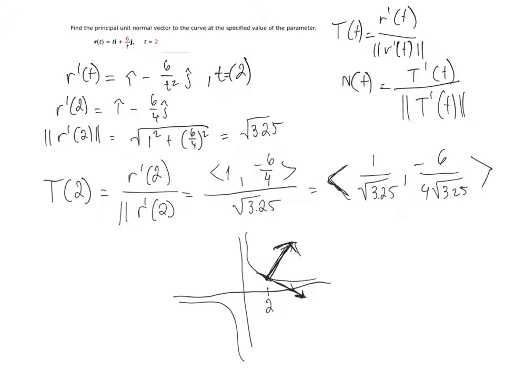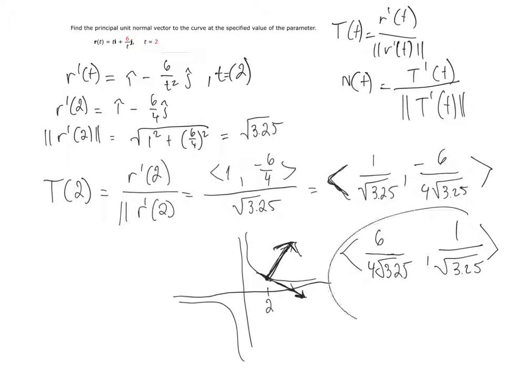As you can see, it's perpendicular to the tangent unit vector. So it should be 6 over 4 root 3.25, 1 over root 3.25. So this is your unit normal vector.